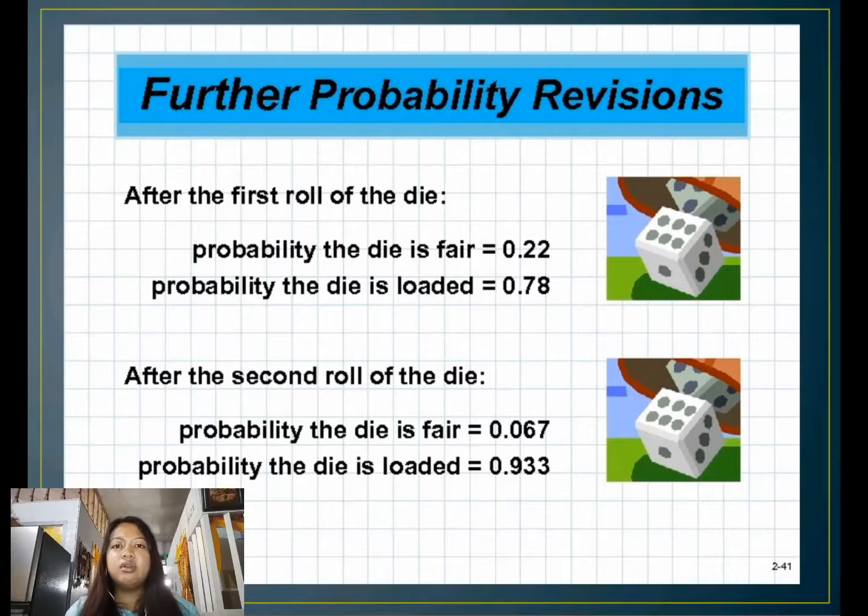And after the second roll of the die, the probability of the die being fair is 0.067 and the probability of the die being loaded or biased is 0.93. We can see that when our probabilities are revised, it has a greater effect or greater probability than the prior, and that is the Bayes' theorem.